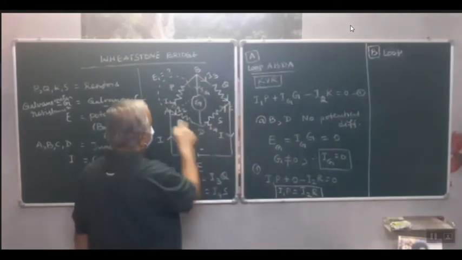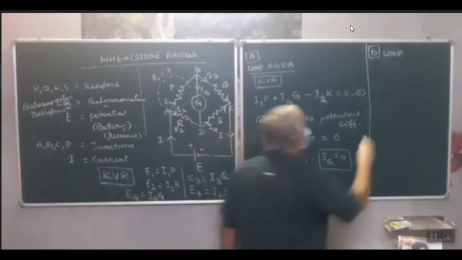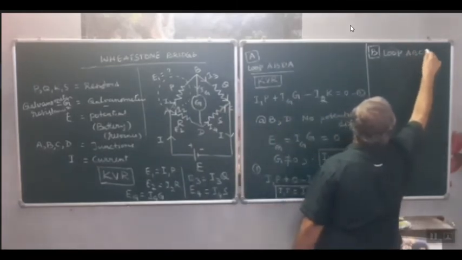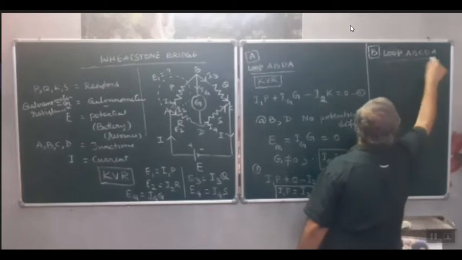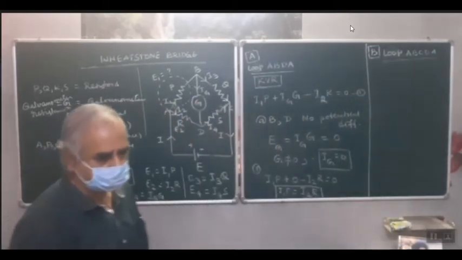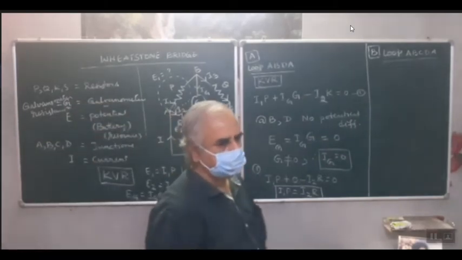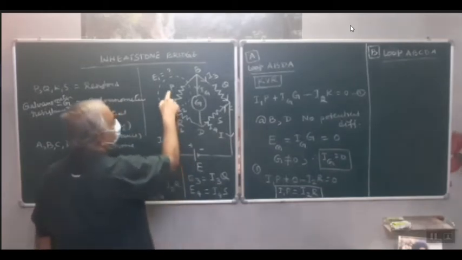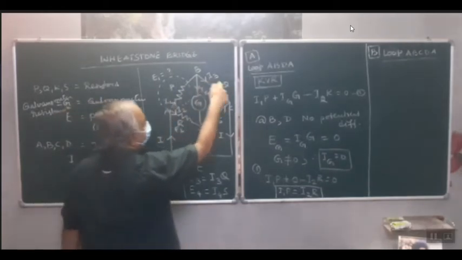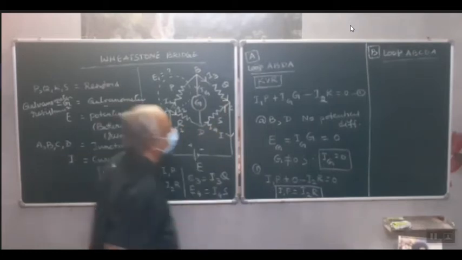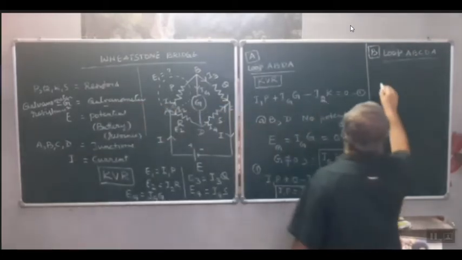The ABCDA loop consists of four resistors P, Q, R and S. So we need to consider the sum of products of current and the respective resistors, and we need to include the appropriate sign for current also, based on the direction of the current.